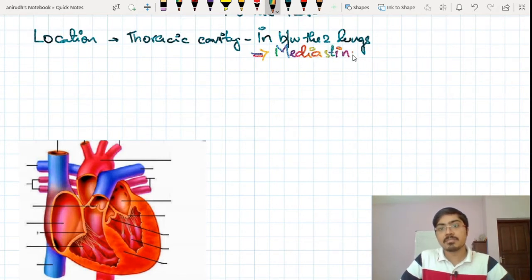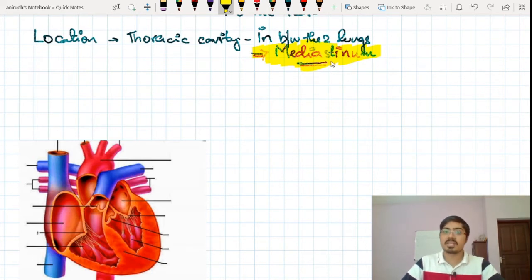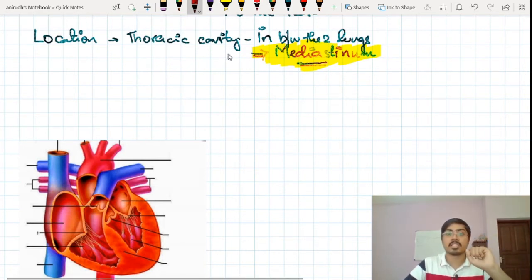So the mediastinum is the space where the heart is located, and many other very important structures are located there. One of the most important contents of the mediastinum is the heart. That is a very important point that you are supposed to remember.